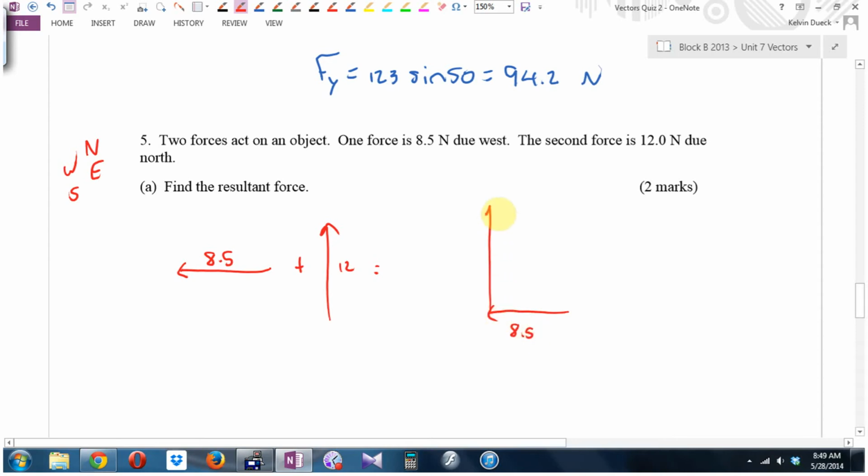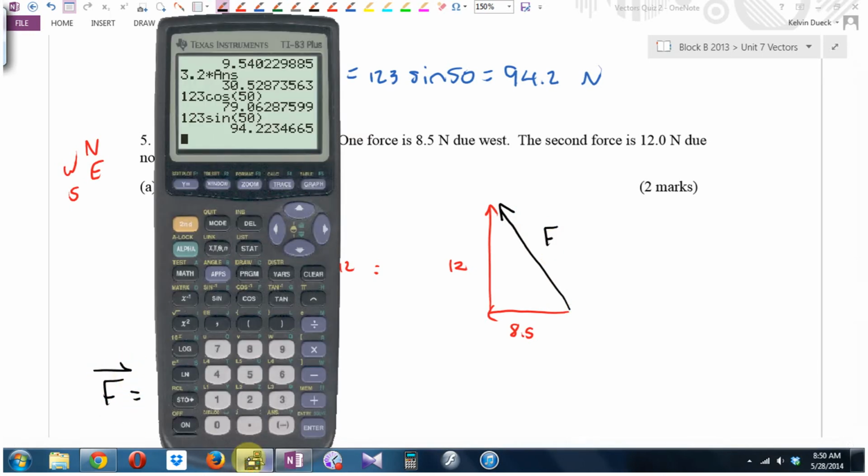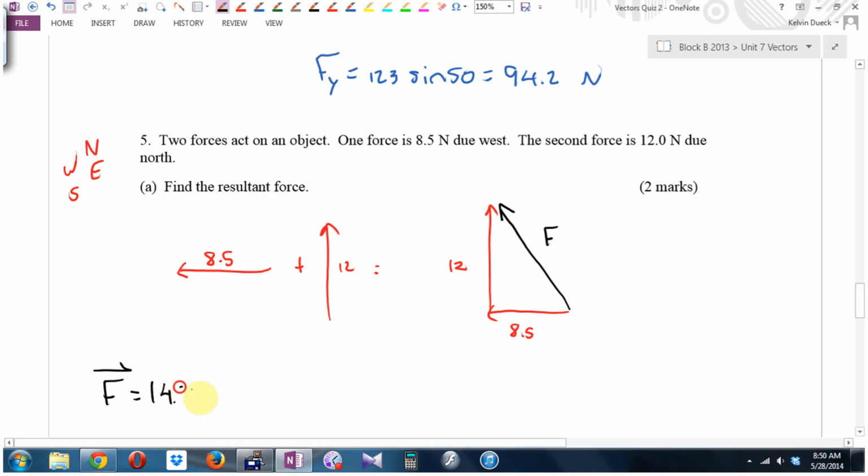8.5 plus a little longer, 12. There's mystery force F. I like that. Square root, 14.7 newtons. I almost wrote meters per second.